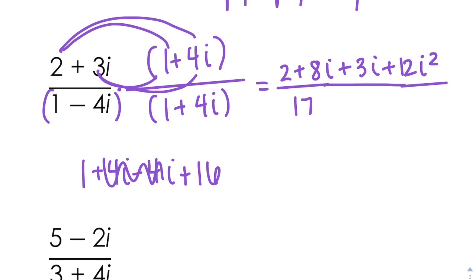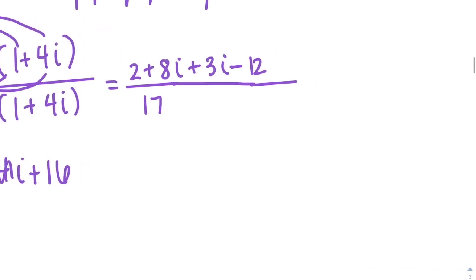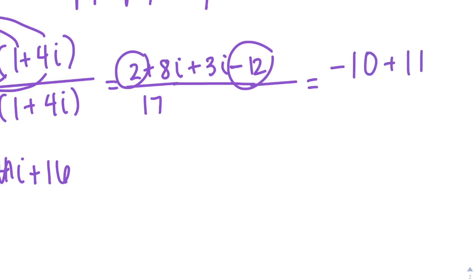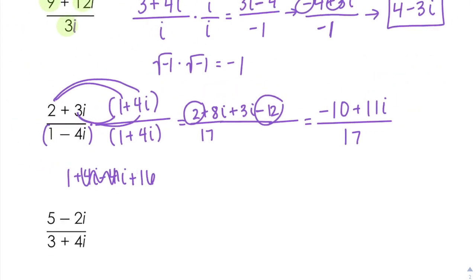I squared just changes the sign, so it's not going to be plus 12 now, but just a minus 12. And then just combine like terms. So 2 minus 12 is -10. 8i and 3i makes 11i all over 17. And there's nothing to clean up with that, so that's it, just like that.